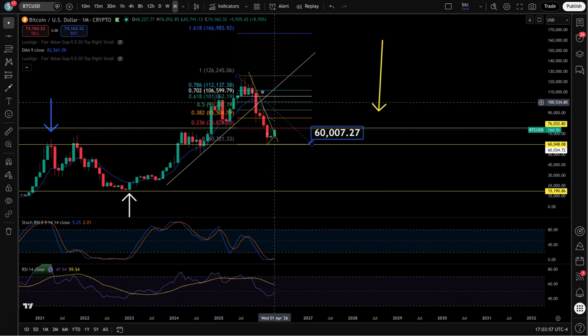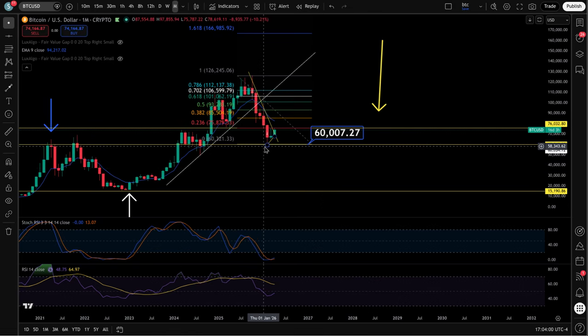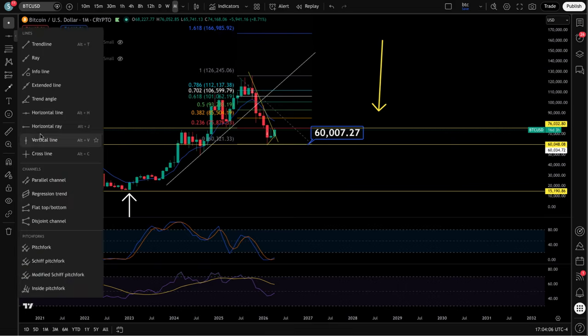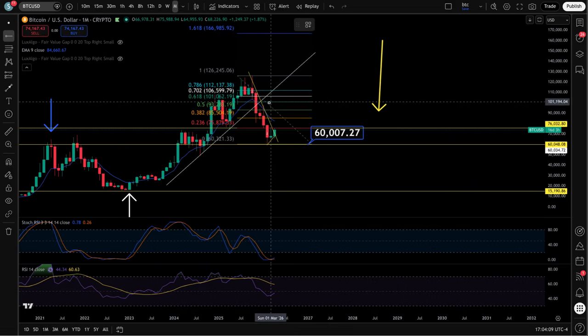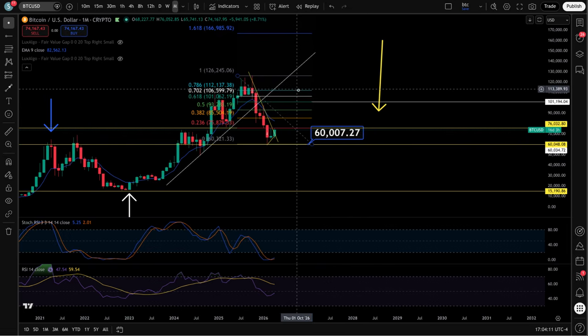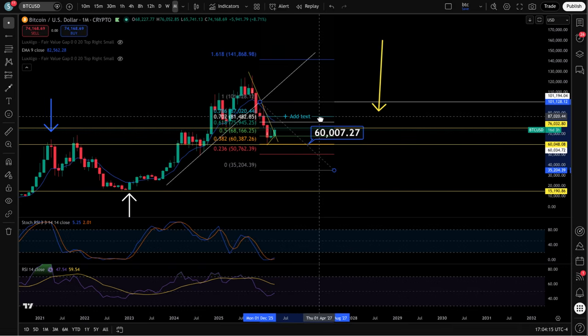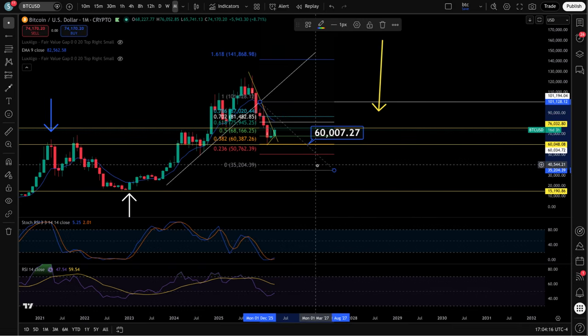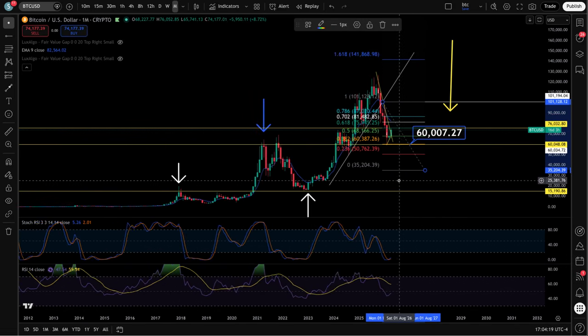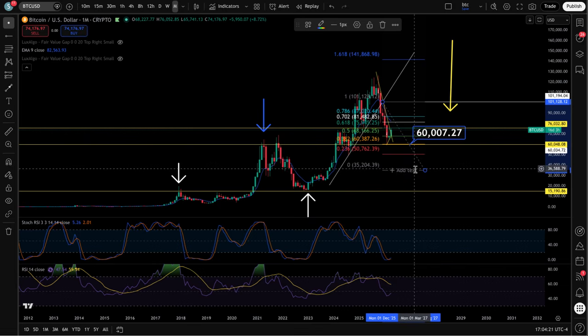And then maybe ABC, but that would mean that the bottom wasn't in yet, and it was going to push down one more shot. What would that do here? Say it did come up right up to the 618 and ends up ABCing. Then we give it a target down right about 35,000 bucks. All right, and that could have pulled down that low, 35.